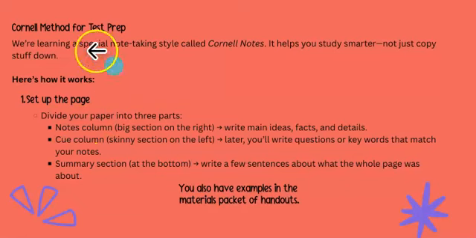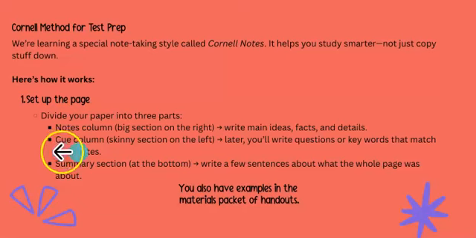All right, so basically this is how you set up your page, and the next slide has an image of that. So you're going to have basically a big rectangle, and on the right side, you're going to have a wider column, and that's where your notes are going to go. So that is the notes column. You're going to write down main ideas, facts, and details.